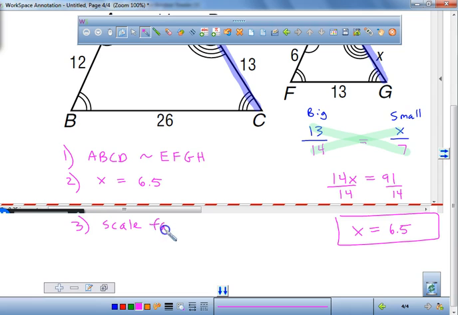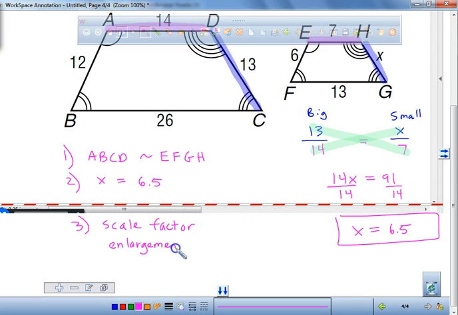And technically, depending on which way it goes, if we have an enlargement, what was the scale factor for an enlargement? 2. So the enlargement was 2. Right here, what was the scale factor for the reduction? 1/2. So what I want you guys to understand, I want both factors.